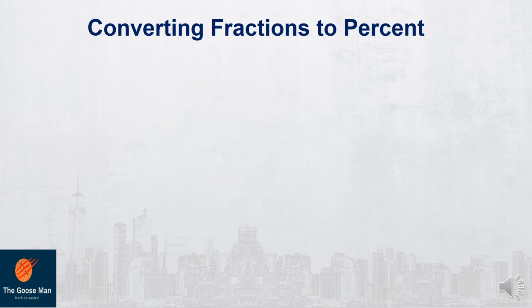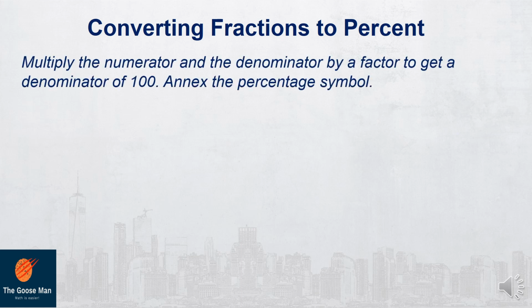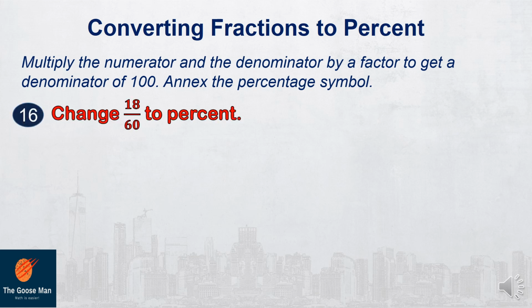Okay, so let's move on now to converting fraction to percent. So multiply the numerator and denominator by a factor to get a denominator of 100. Annex the percentage symbol. Say for instance, you would like to change 18 over 60 to percent.